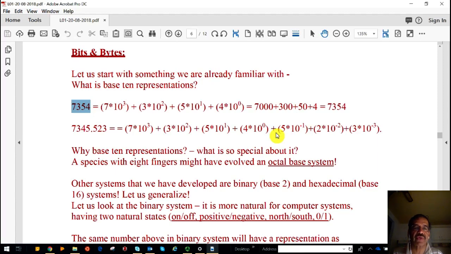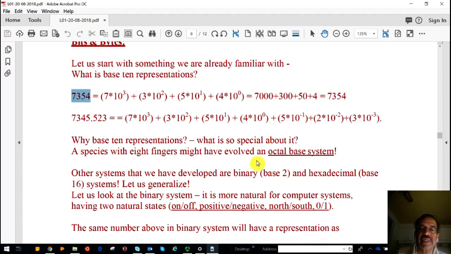And these are 0, 1, 2, 3, 4, 5, 6, 7, 8, 9. These symbols could be in Arabic or other languages, they can be different symbols. But in any base 10 representation, you need 10 symbols, and using these symbols, you can construct any arbitrarily large number.